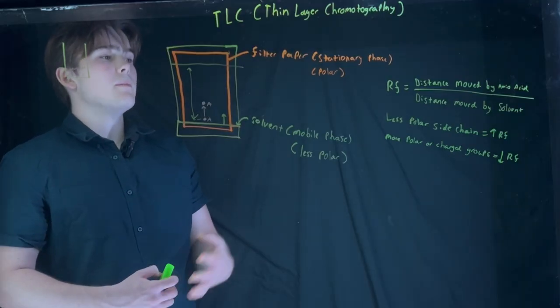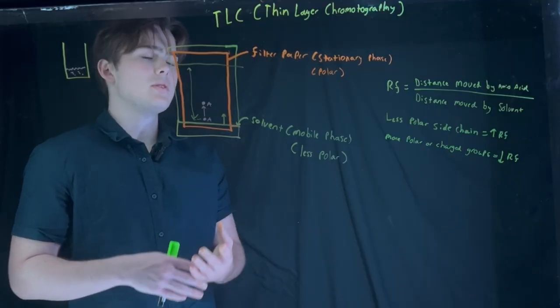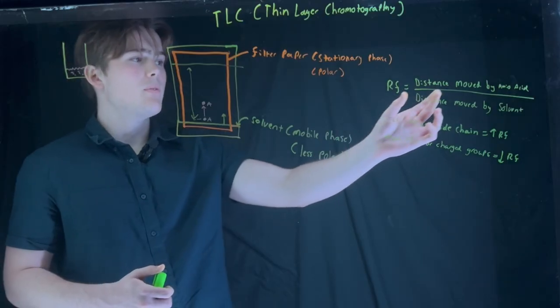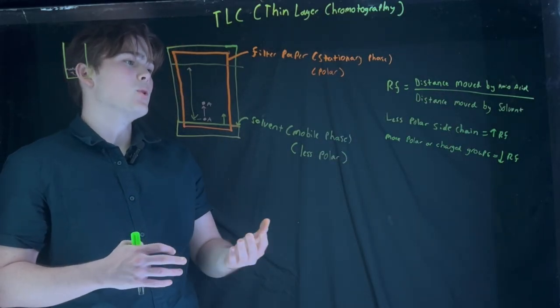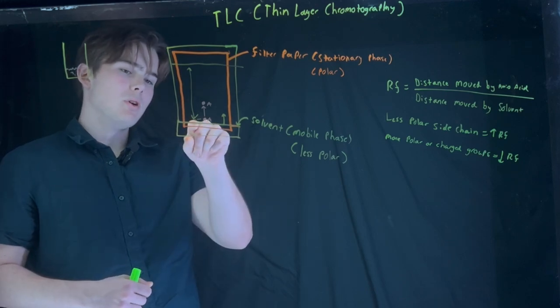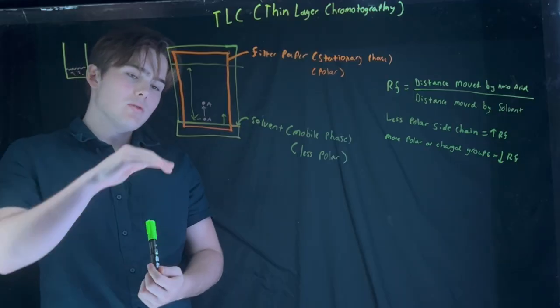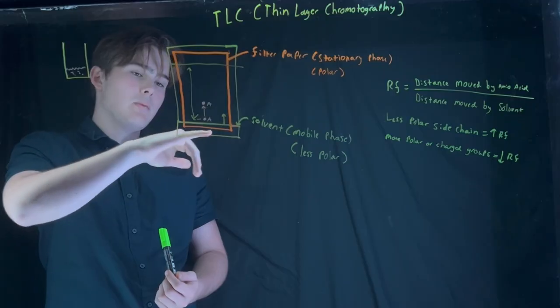So that's the process that you're expected to explain in your syllabus. Explain how the reaction takes place and where these distances are measured from. Remember that the distance moved by the solvent is measured from the point that we add that amino acid. It's not measured from the point that the liquid goes up to on the filter paper.